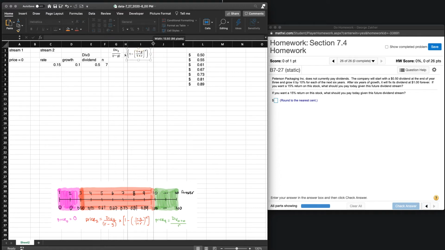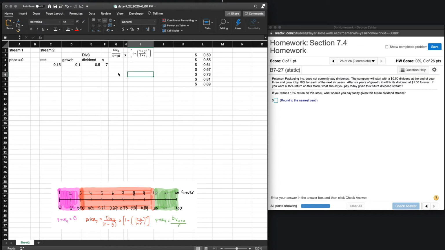Okay, so let's go ahead and start with our dividend 3, and we're going to divide it by the difference, given that the rate is greater than the growth. And we need to multiply that by the rest of the equation.